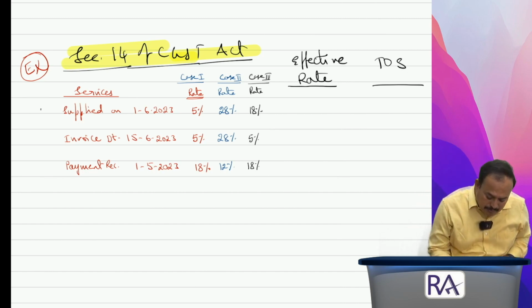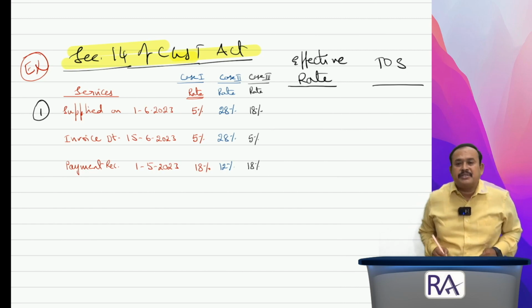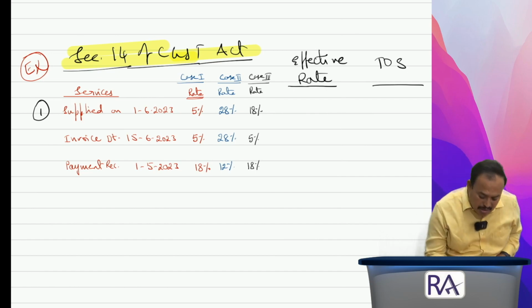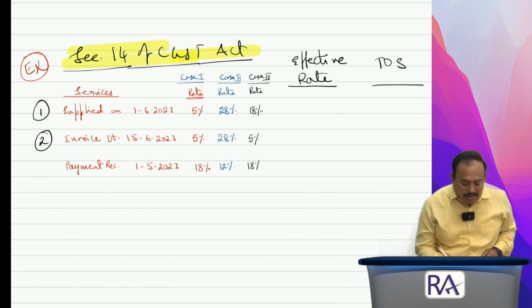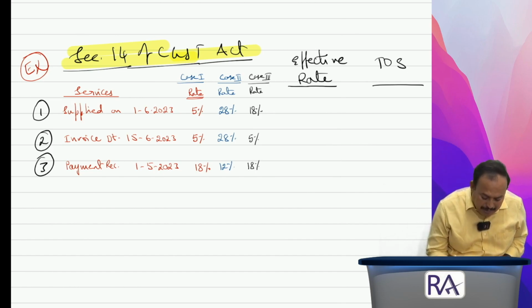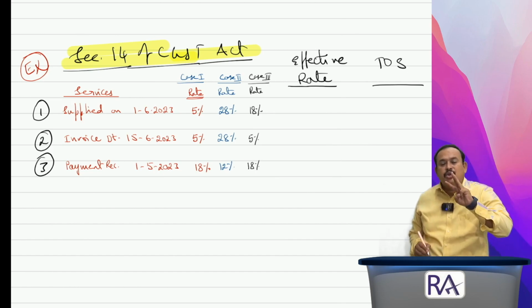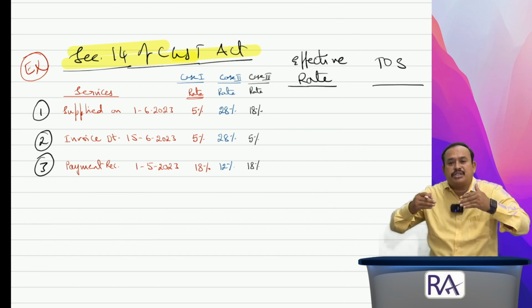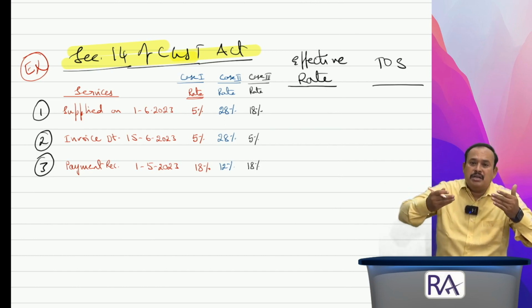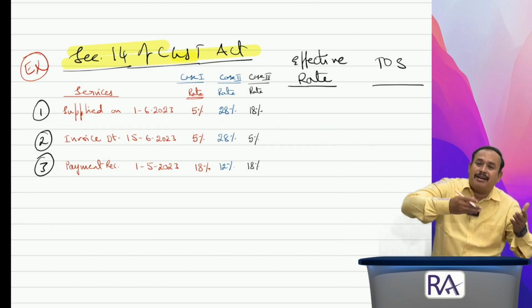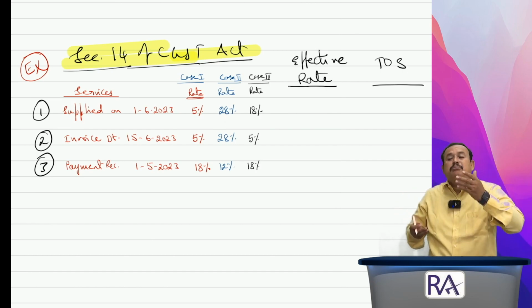Voter number 1, date of completion of supply of service. Voter number 2, date of invoice. Voter number 3, date of payment. 3 voters. Whoever cast majority of vote, whether to the old rate or to the new rate, majority wins.